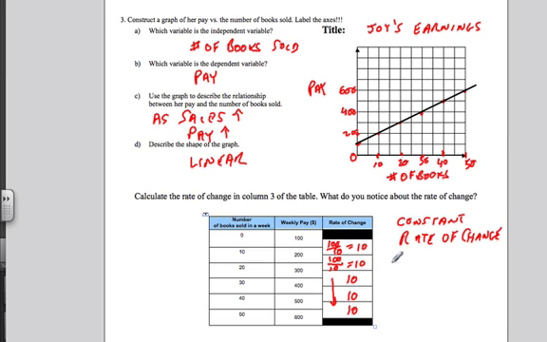Also, the 10 is equal to the rate she earns per book sold. So the rate of change is 10, and she earns $10 per book that she sells.